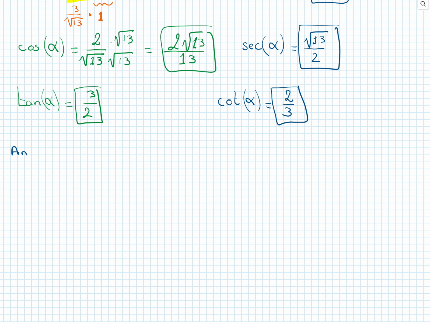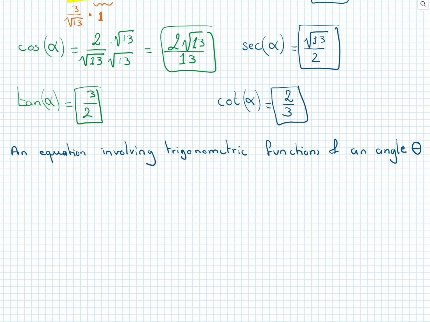We're going to say an equation involving trigonometric functions of an angle, and let's call this angle theta again, that is true for all values of theta.